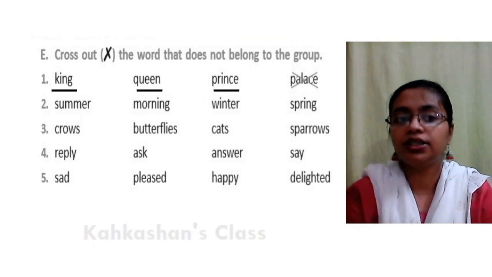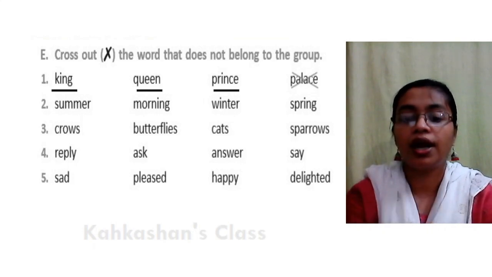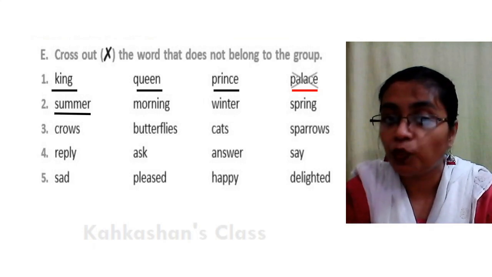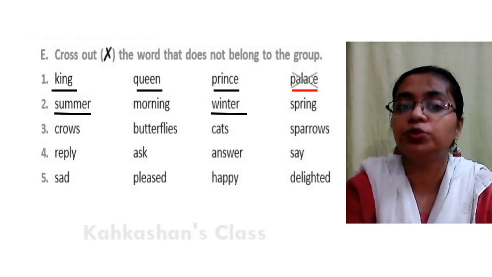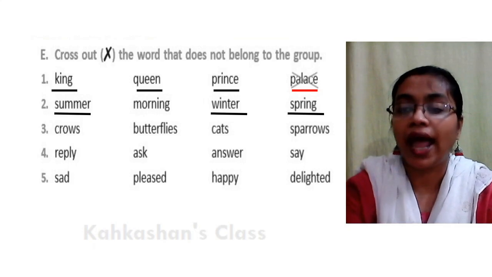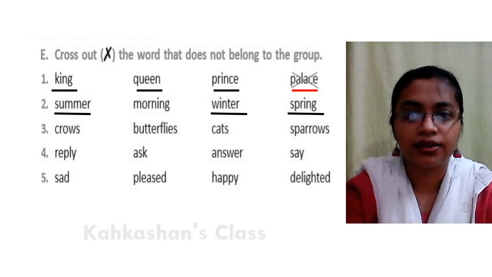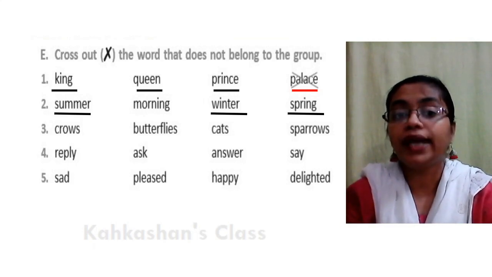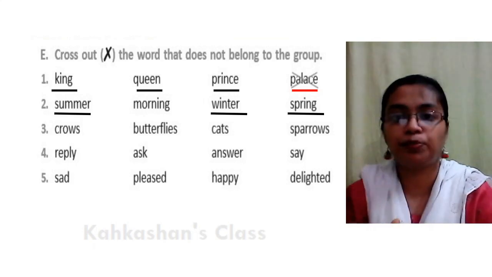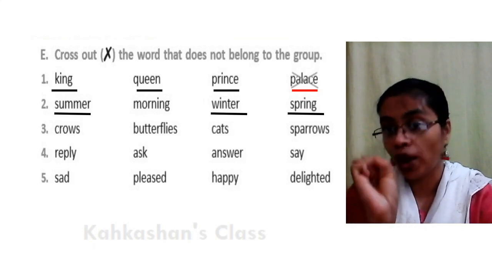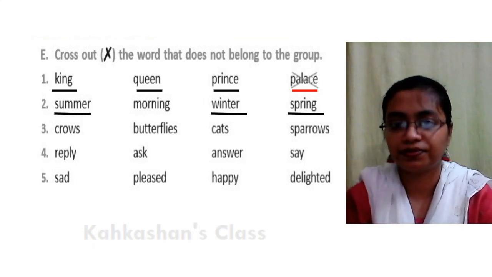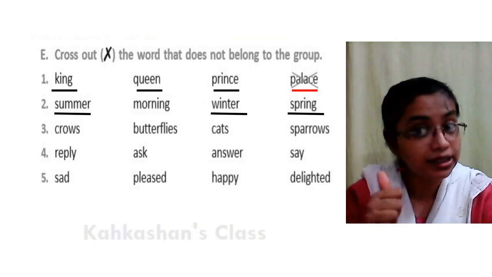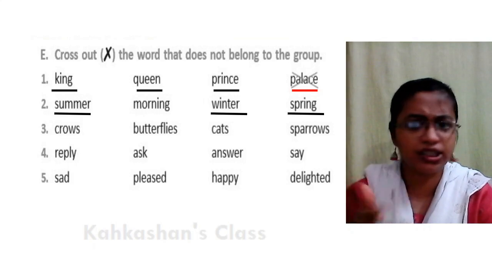Second word comes summer, winter, spring and morning. Children, now you tell me. Why do summer, winter and spring belong to one group? Very good. Summer is a season, a very hot season.